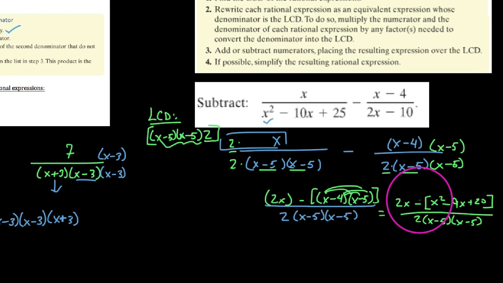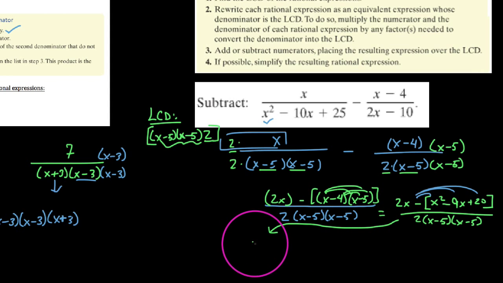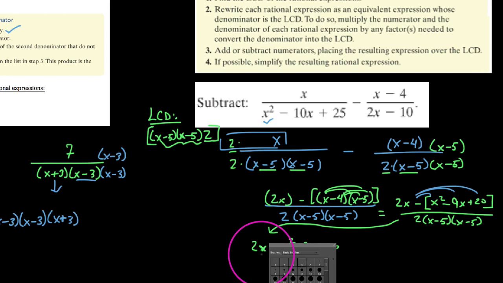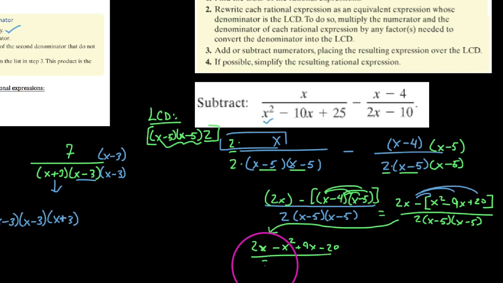So when we distribute this negative throughout, it basically switches everybody's sign, and what we end up with is, now I'm going to drag this over here, we get 2x, and we would say minus x squared plus 9x minus 20. You notice that I'm just switching the signs on all of these. And this is still all over 2 times x minus 5 times x minus 5.